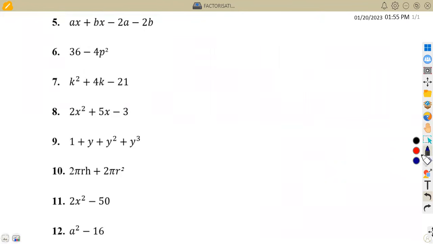Question number 7, it's actually a quadratic expression, which can be factorized in so many ways. We have got k squared plus 4k minus 21.